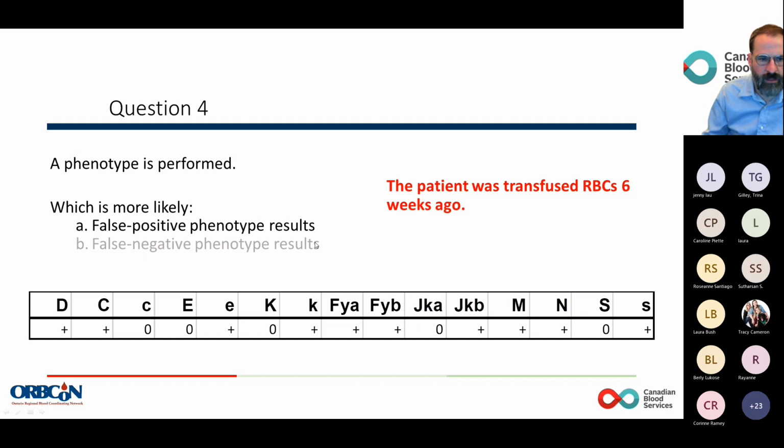And so that's more likely to be picked up than a false negative result, where we would not be detecting an antigen that is actually there. We're more likely to see reactions here that are positive, with a risk of those being representative of the transfused RBCs and not the patient's own native antigen expression. So answer A is the better of the two here.